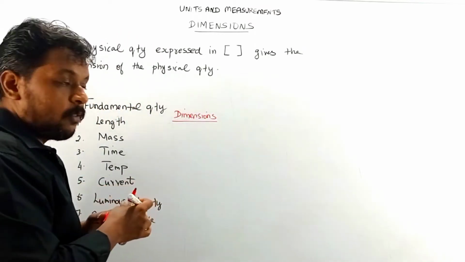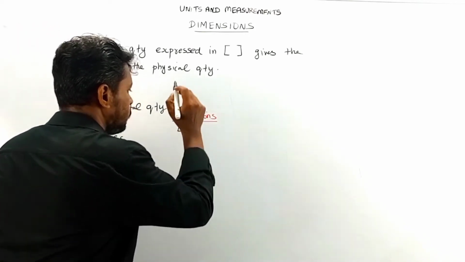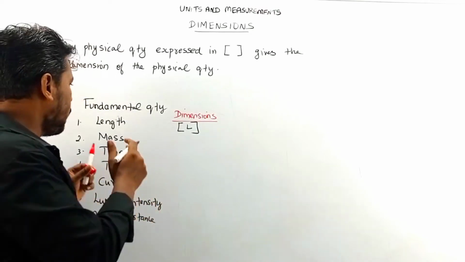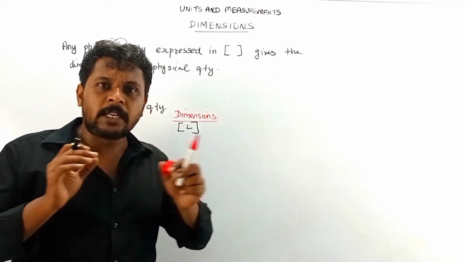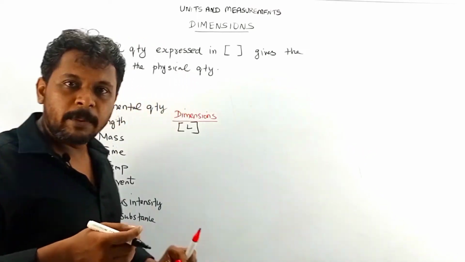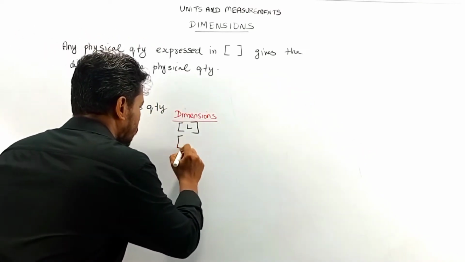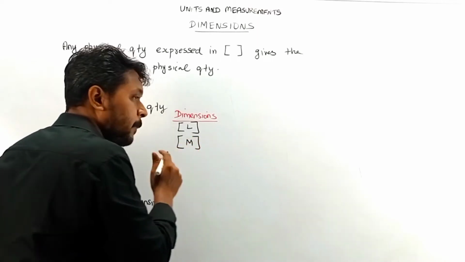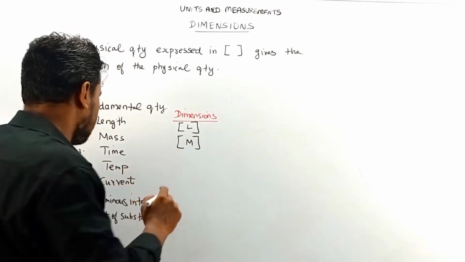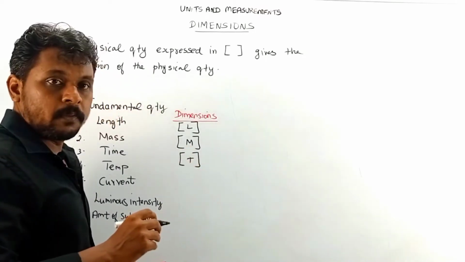The dimension of length is capital L. Not only for length, the terms related to length like breadth, height, distance, will all be represented by the dimension capital L. Next we have mass as capital M. Similarly, capital T is the dimension of time.